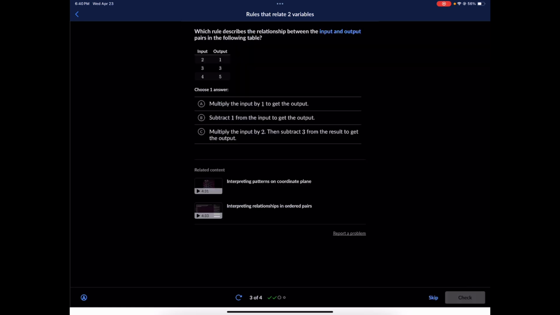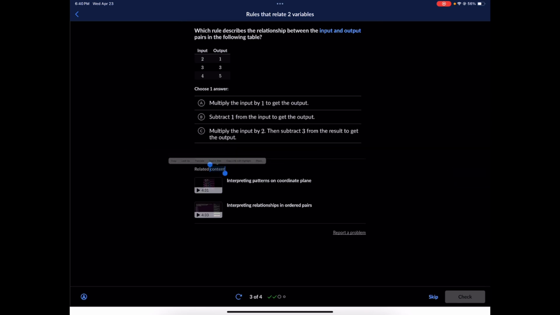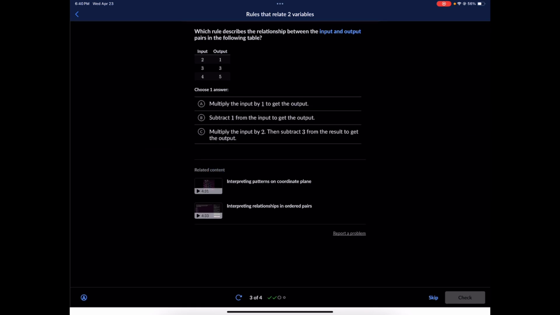Which rule describes the relationship between the input and output pairs in the following table? So now we are given an input and an output here. Sorry about that, technical difficulties. Okay.